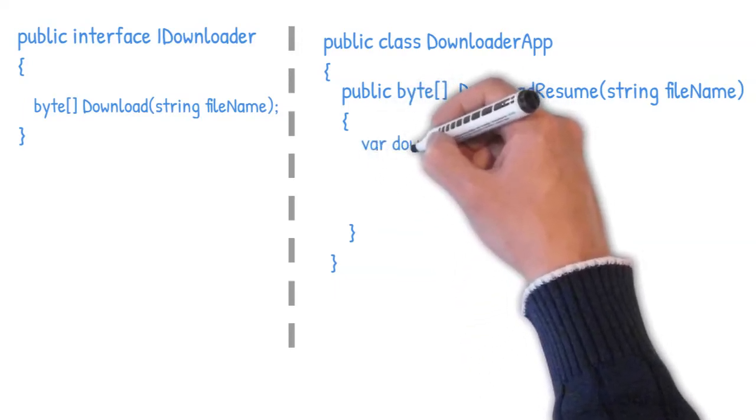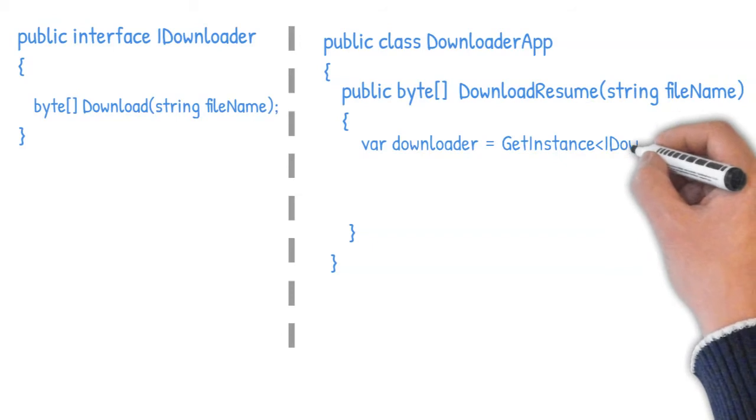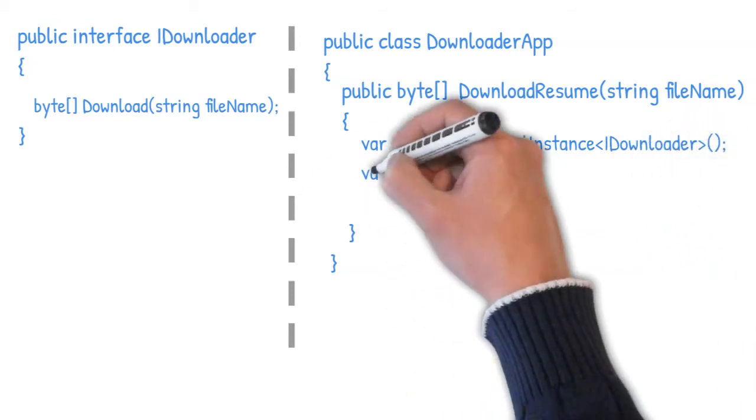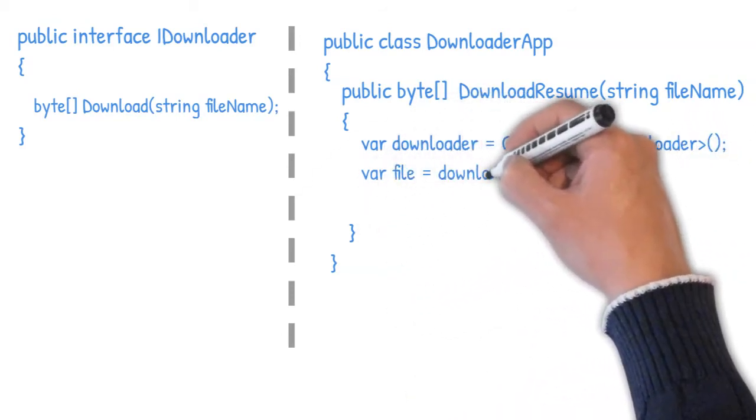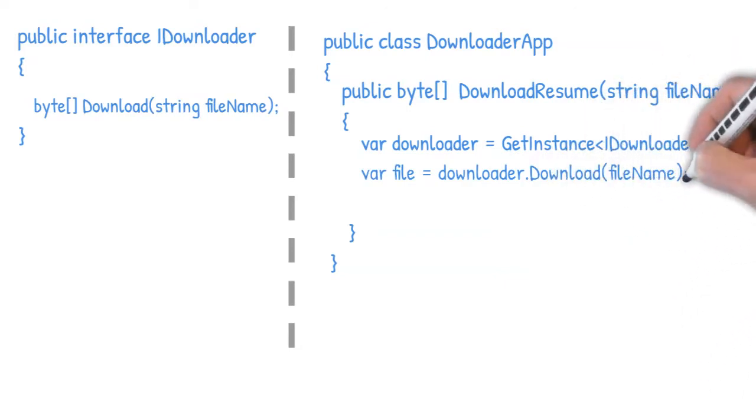The downloadResume method, when invoked, will try to create the instance of IDownloader. Once the instance is created, it will then invoke the download method of the downloader. Once the downloader returns the file, downloadResume will exit and the file will be returned back to the caller.